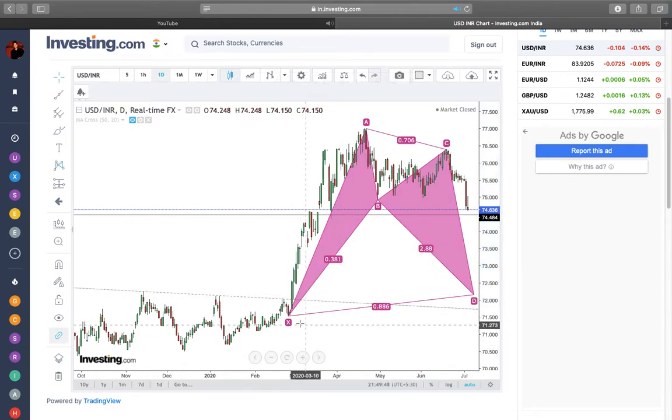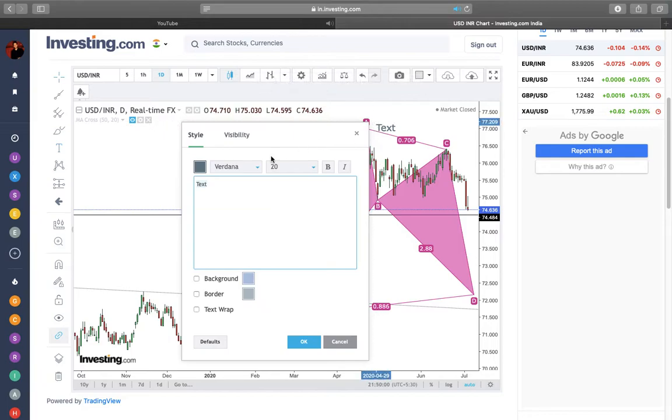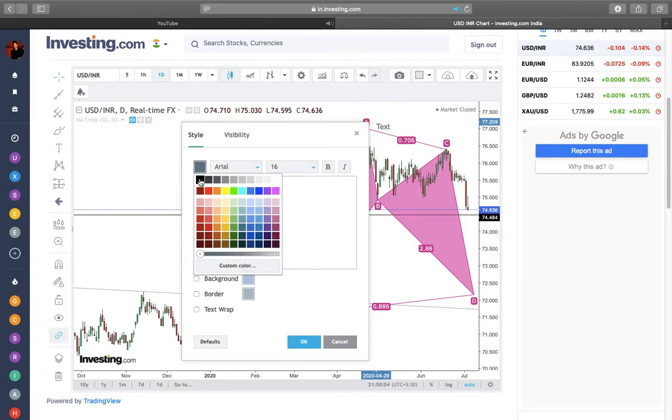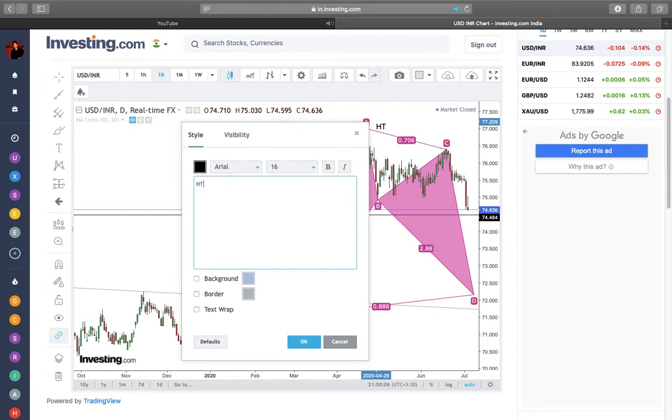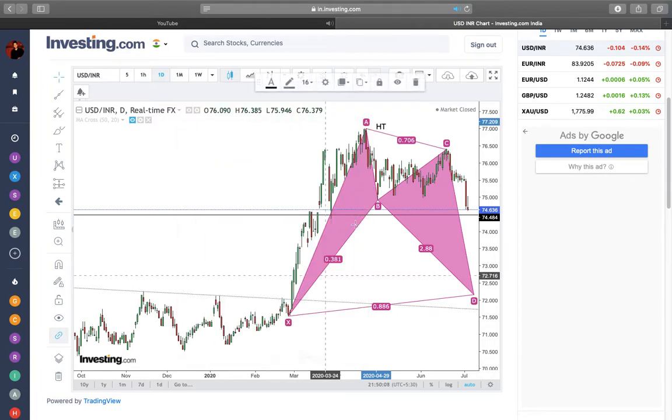Okay, so when we connect the low to the potential high, this is the starting point X, and just for the purpose of labeling, mark A as the clear higher top. Right, A becomes a clear higher top.